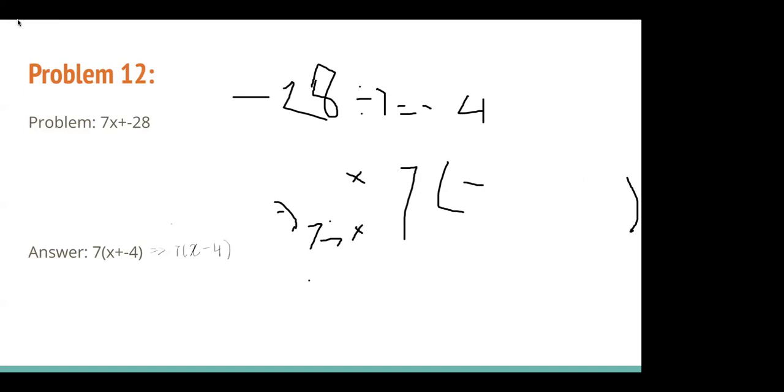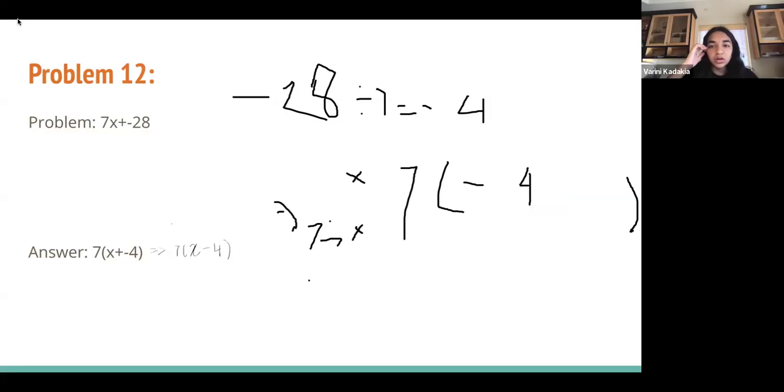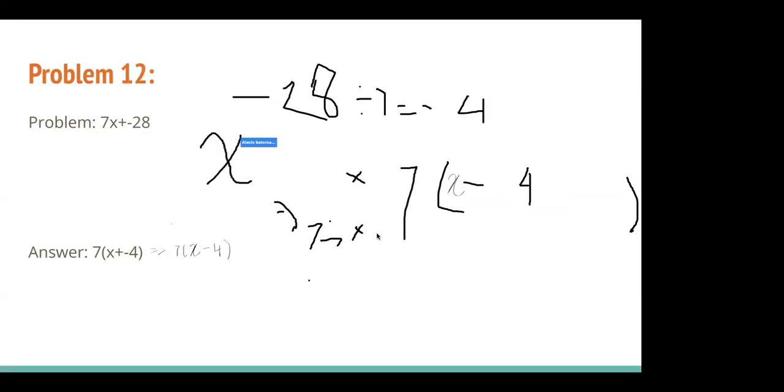Then I'll bring my 4 outside here. Is that correct? There should be an x right here. It should be 7 times x minus 4. Thank you.